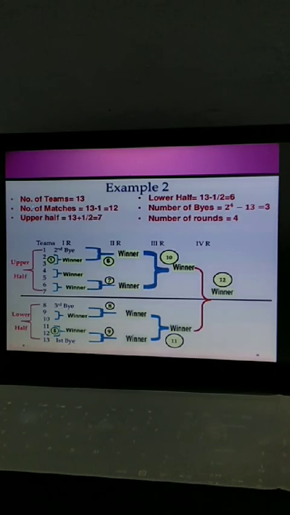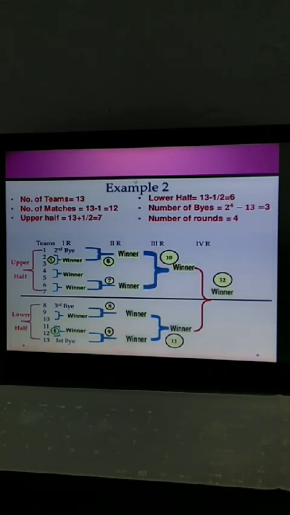In this example we can see number of teams are 13, so number of matches are 13 minus 1, 12. Upper half teams are 7, 13 plus 1 upon 2, 7. Lower half teams are 13 minus 1 upon 2 equal to 6. Total number of byes 2 to the power 4 minus 13 equal to 3.